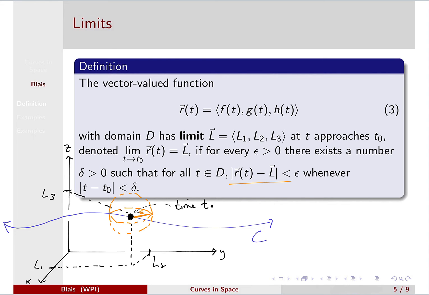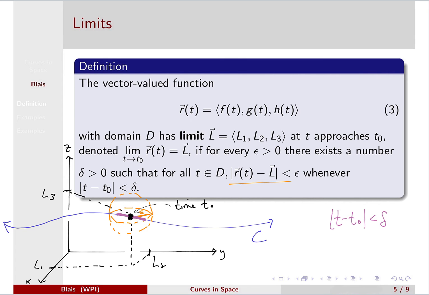And so t minus t naught being smaller than delta is going to translate to a set of times that keep the curve within that sphere. So as long as we choose, there's some delta that depends on epsilon, and as long as we choose times t to be within delta of time t naught, you can see this lavender piece of the curve is within this orange sphere.